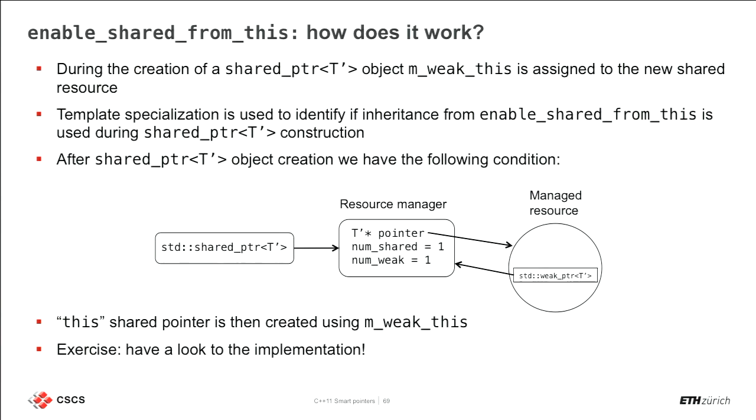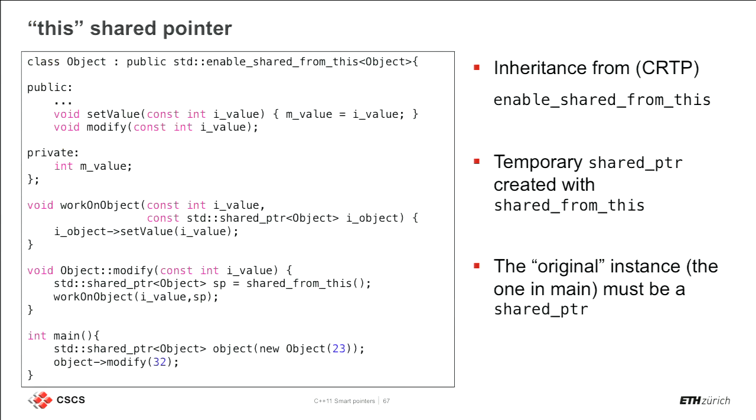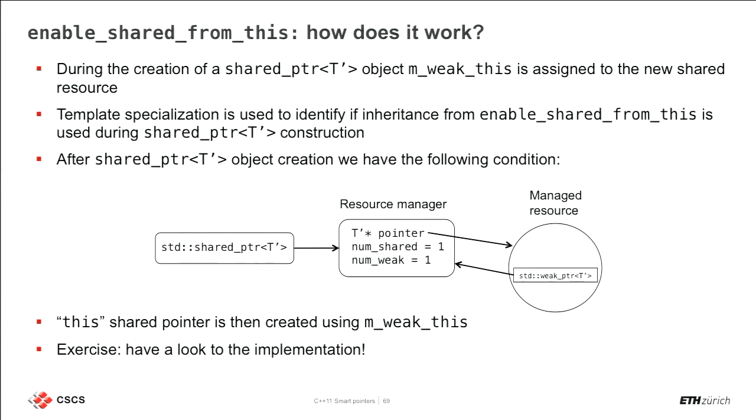And this is what gives you the possibility to make a call of make shared in your class here, because here you are creating this shared pointer, making a call to this shared from this method that belongs to the enable shared from this class, and this method creates the shared pointer, basically making a call to the lock method of the weak pointer. And so we will have back a shared pointer to the same resource manager that will basically avoid that double free corruption that will be present instead using the raw pointer.